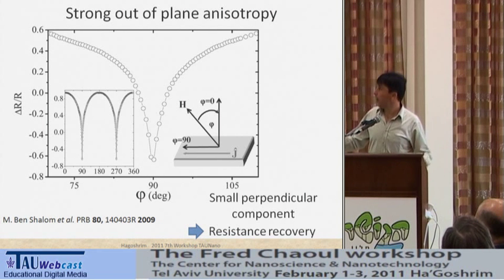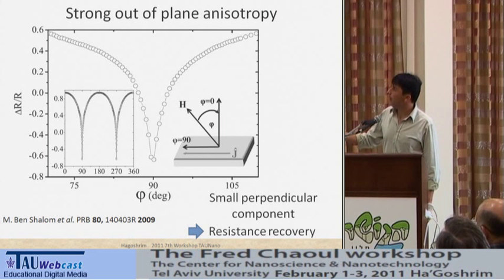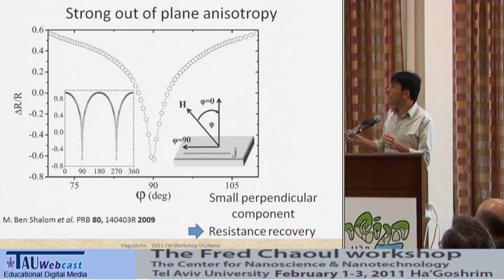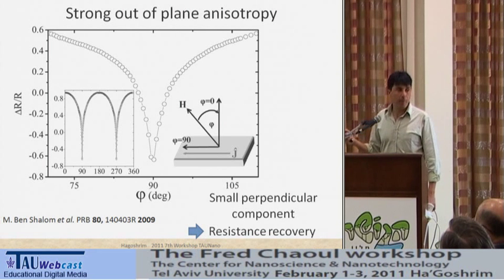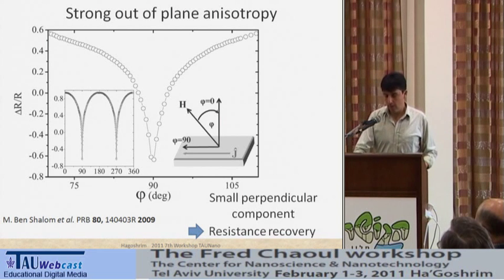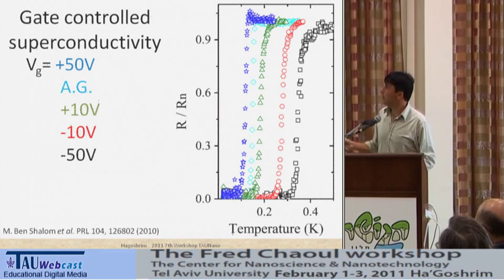You have positive, very large. But if you see, these are very spiky features, and the width here is very small. It's 3 degrees only. So it means that you apply a very small perpendicular field while applying a very large parallel field, and this effect is gone. We don't understand that.